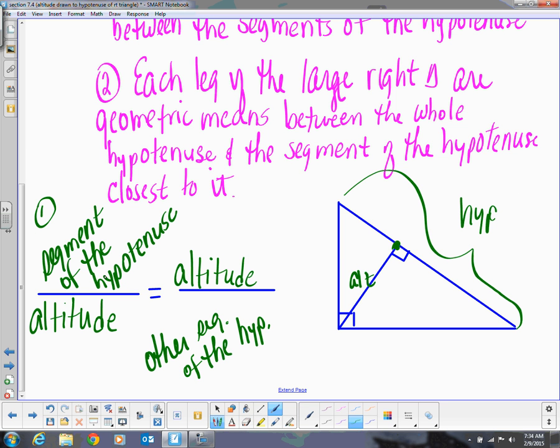We were looking for segments of the hypotenuse. Do you see this little piece right here, and that little piece right there? That altitude cut the hypotenuse into two pieces. They are not equal. That's what we mean by a segment of the hypotenuse. This is a segment of the hypotenuse, and this is a segment of the hypotenuse.